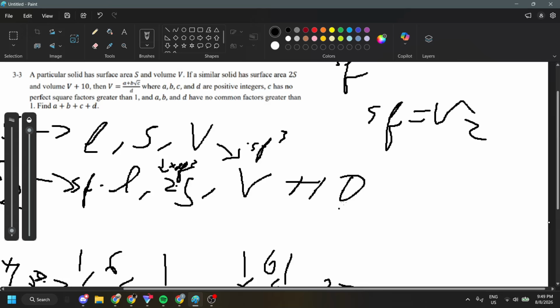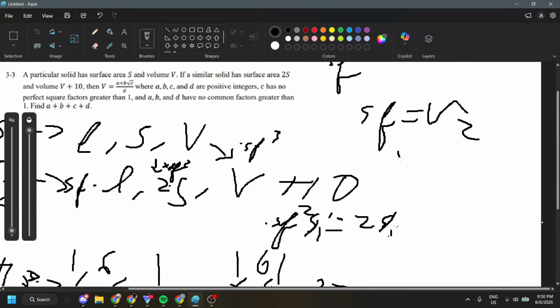Okay, so scaling factor we know is equal to square root of 2. Because using this we know S1 times scaling factor squared is equal to 2S1. So scaling factor is equal to root 2. So then we know root 2 cubed times V is equal to V plus 10.